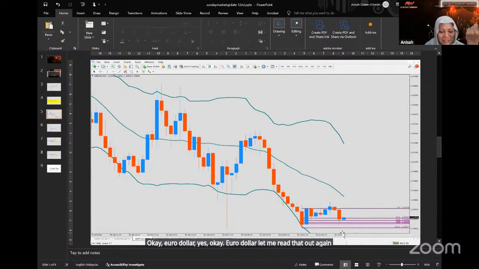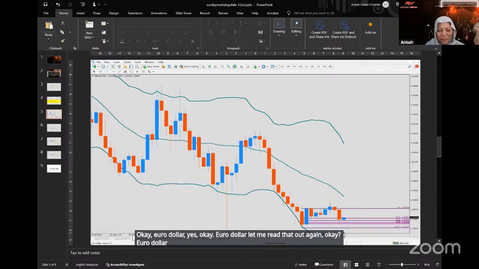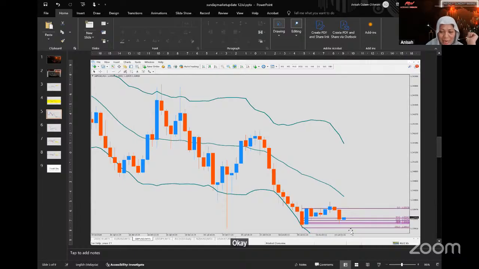Euro dollar: daily downtrend, intermediate ranging, and short-term downtrend. So highly likely this price is going to continue downwards. Major trend being downtrend means it is heavily bearish. Intermediate being ranging represents a medium-term pause or distribution phase.